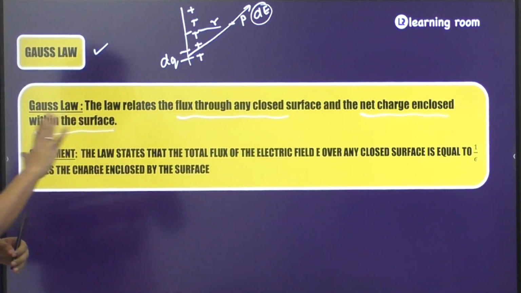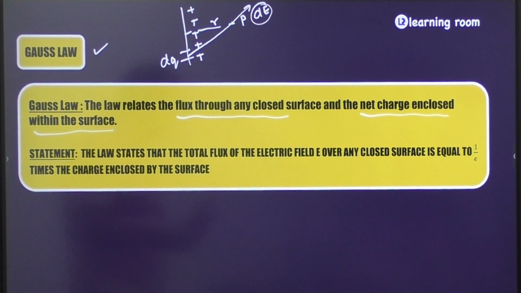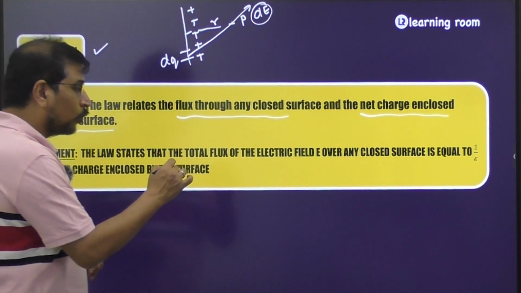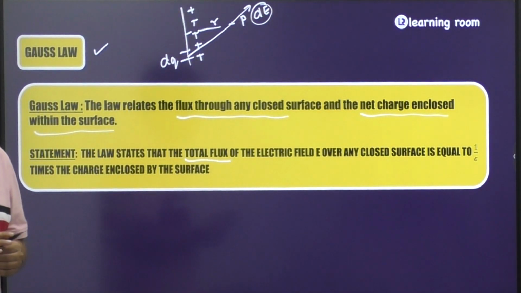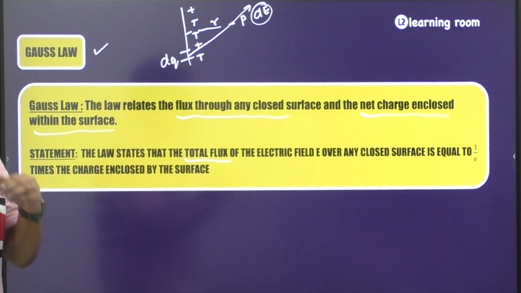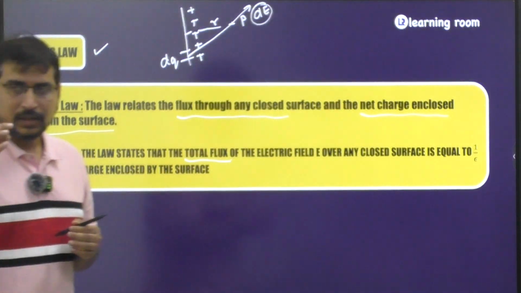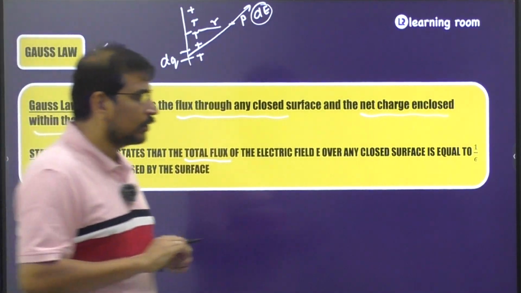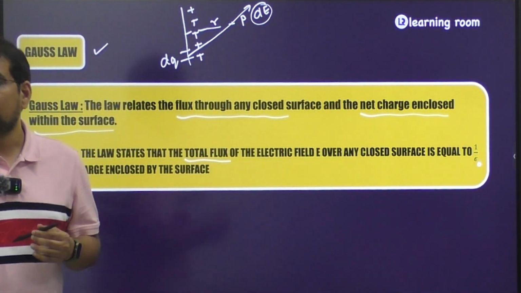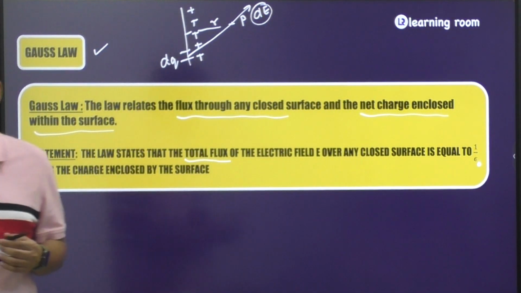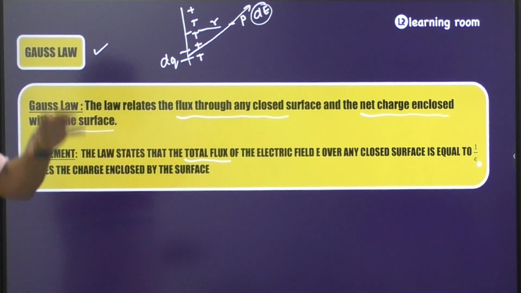It relates, but how does it relate is what the statement is. The statement says, if you know the total flux generated due to the electric field, it will be equal to 1 divided by epsilon naught. What is epsilon naught? It is the permittivity of free space. So 1 divided by epsilon naught times the charge that is present within the closed surface.